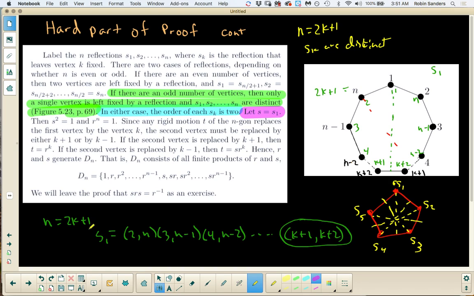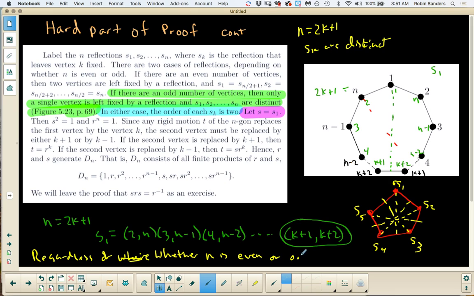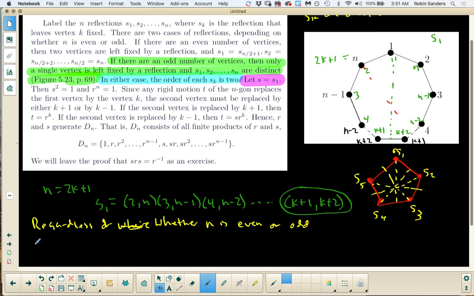And so we're simply going to let, regardless of whether n is even or odd, S1 be the magic S that the theorem is wanting.